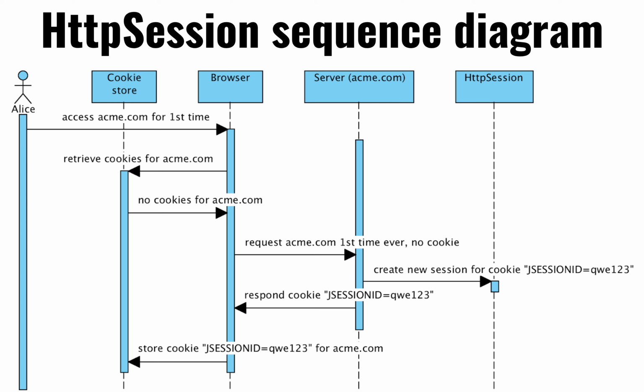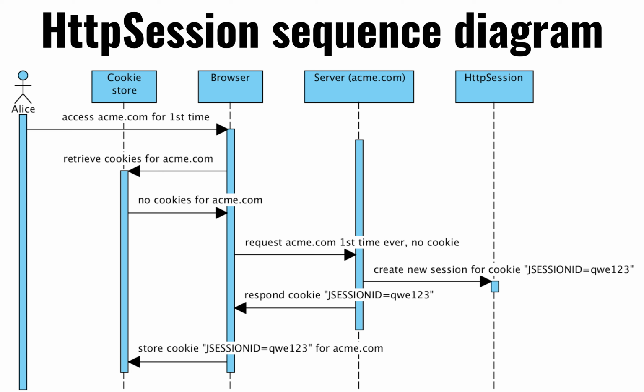This is sent over in the header as a response to the browser. If the browser has turned on support for cookies, it will store the cookie for Acme, so that next time when it visits acme.com, it'll find the cookie in the store and provide it back to the server.